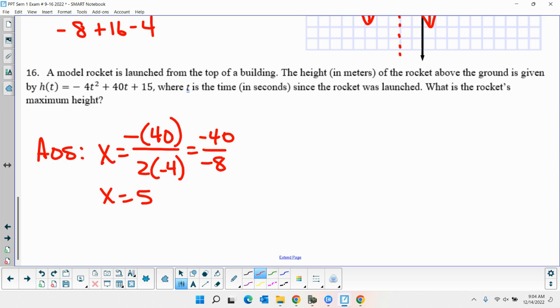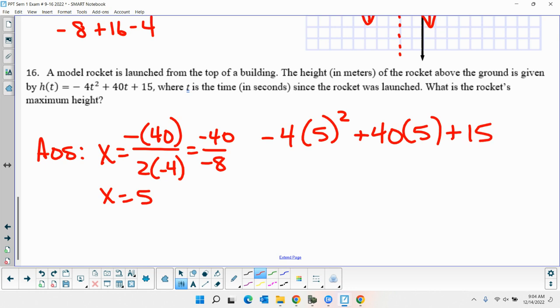So I'm going to plug 5 in for t. At 5 seconds after launch, it's going to be at its maximum height. What is that, 115, I think I remember? What's this, meters? Okay?